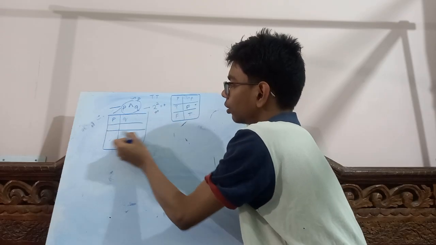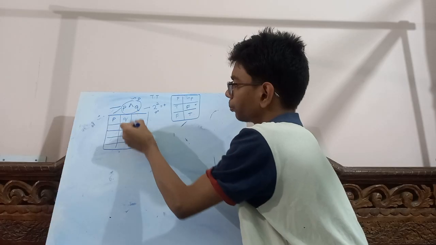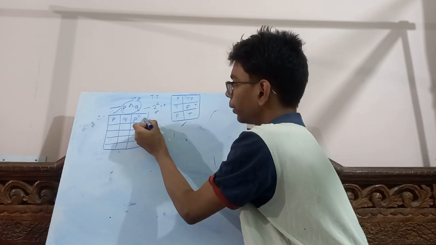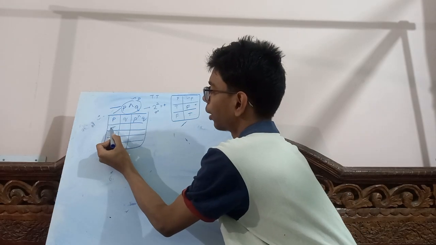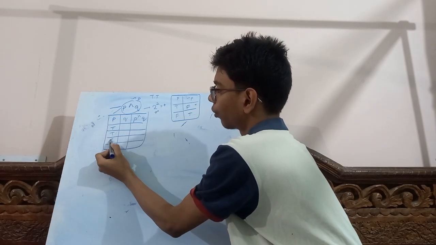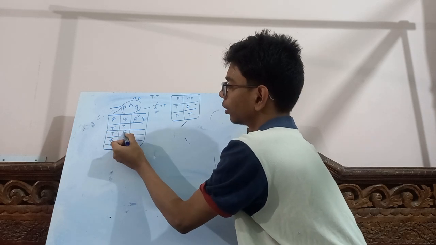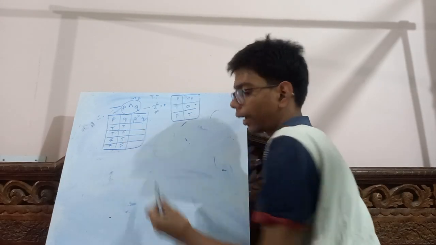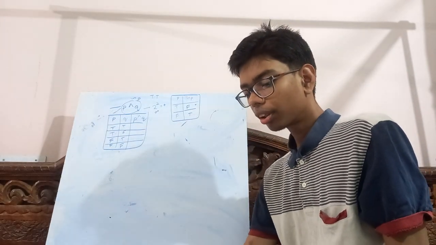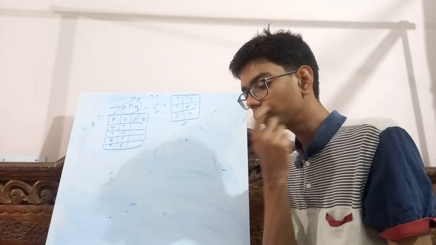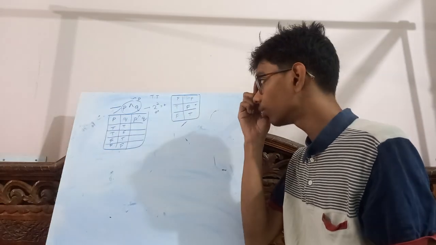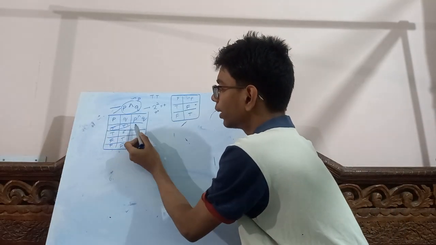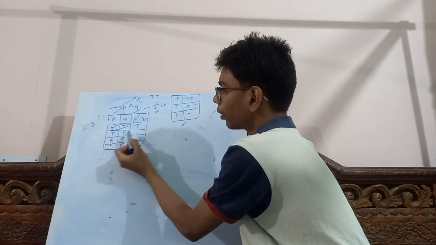So I will make 4 rows, and here I will write P and Q. First true, false, and then alternate. It helps in covering all types of cases. The conjunction says that when both are true, then it is true. The rule is, if both are true, only then I can write true. If any one is false, it will be false.